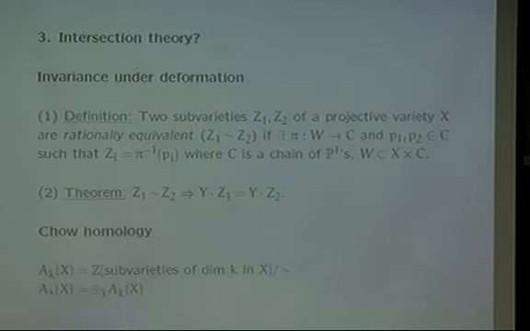So we get the notion of Chow homology, and that's given by this definition. You think about all possible closed subvarieties of dimension k in X, and then the free abelian group generated by this set, and then take the equivalence classes by this rational equivalence. Then you take the direct sum of all possible A_k, and that's A_*(X). The group operation, the addition, is given by this free abelian group structure.